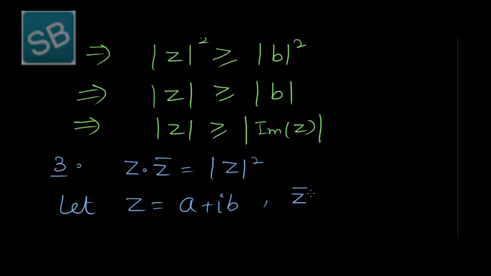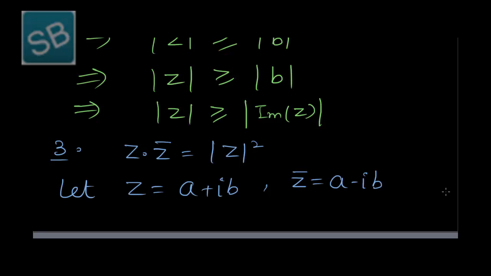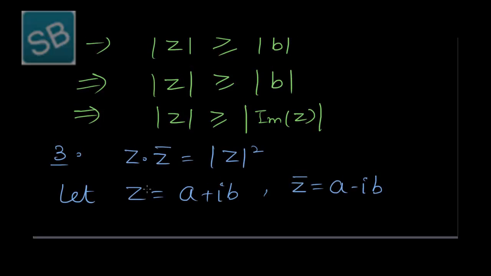That is, we get z bar is equal to a minus ib, and also we have mod z. So mod z is equal to under root a square plus b square. Now we will take first of all z into z bar.